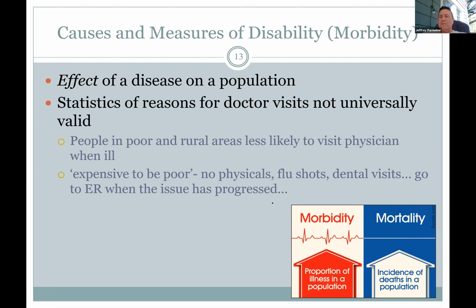If you live in a rural area and you don't have money, you're much less likely to visit the doctor than if you live in a rich suburb. And it is expensive to be poor. Besides the fact that you can't afford things like your car and rent, it can be a real cycle to keep you in poverty and why it's so hard to get out of that.